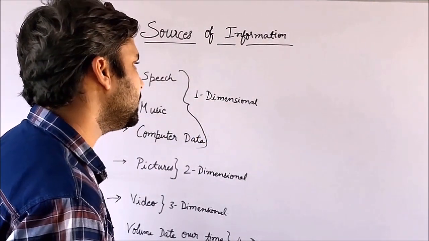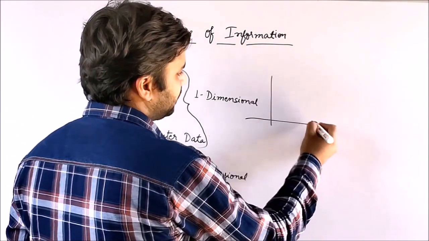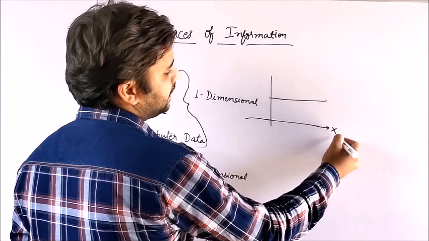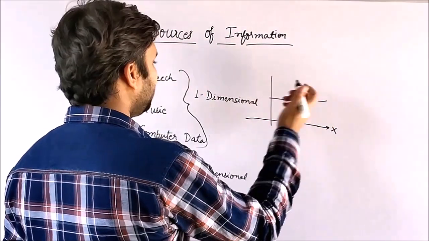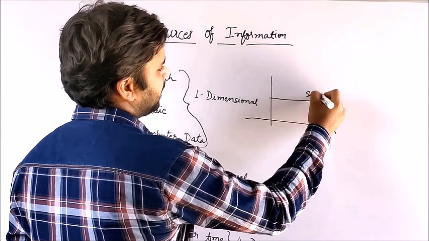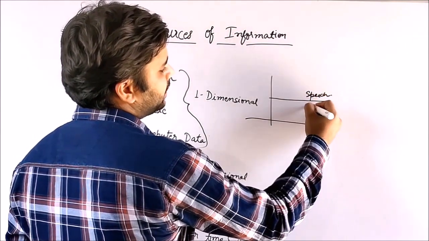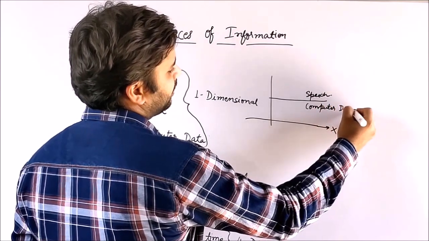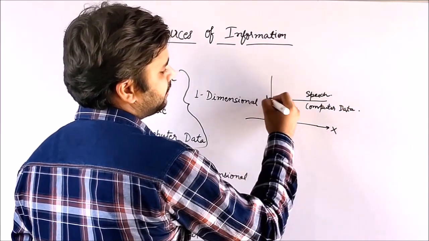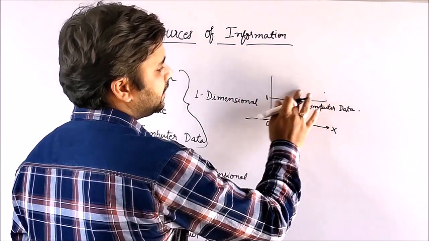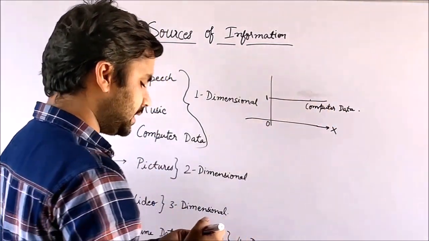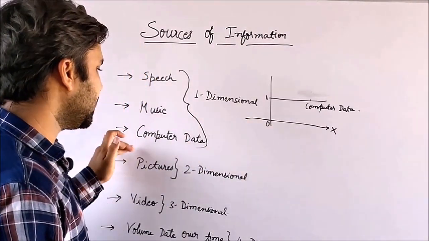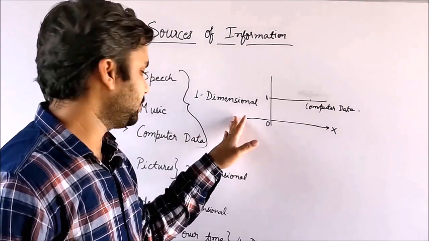For example, something going along the x-axis could be speech or computer data. Here is the value 0, here is the value 1, computer data. Let us consider it as computer data only. So it is one-dimensional. Speech, music and computer data are one-dimensional data.